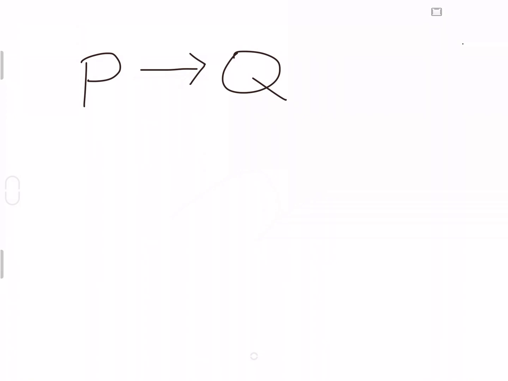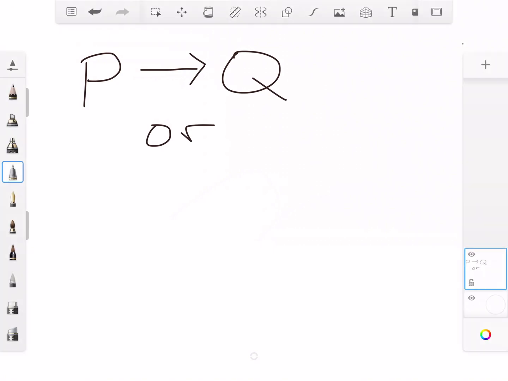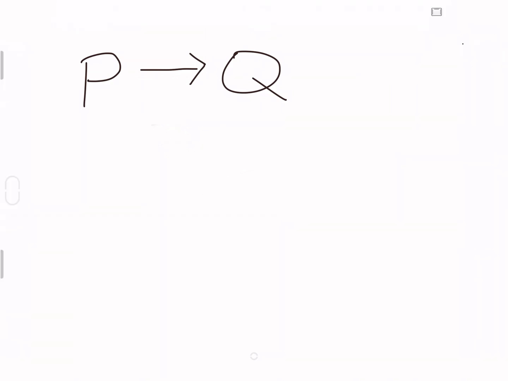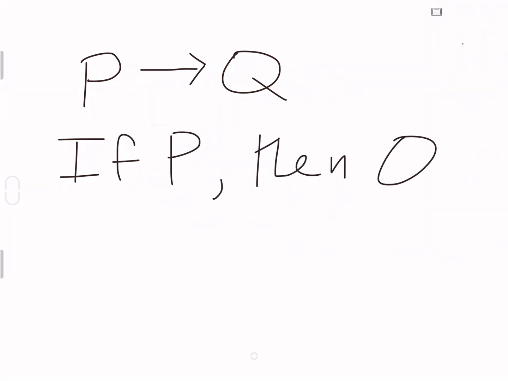If P, then Q. Let me just write that, or you could see this, maybe I shouldn't use the word or because I don't want you to confuse that with an or statement. So another way to say this, you might see it like if P, then Q. Okay, this is an if-then statement.